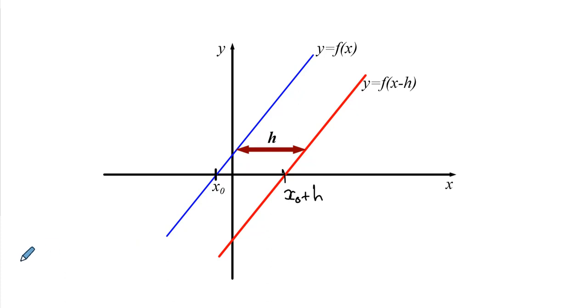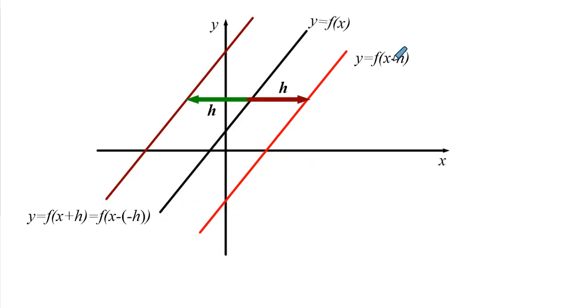And then on the other hand, if instead of a minus here we've got a plus sign, we should understand that we can unpack this plus sign and rewrite it as a minus minus h. Again, this minus sign I can still read as shift by.